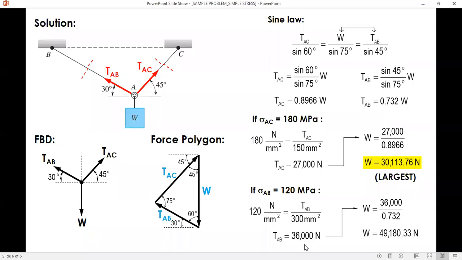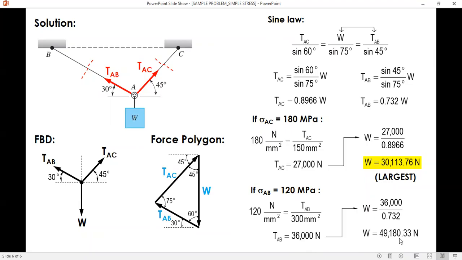It should be less than 30,000. So that value, if you divide by 300, the resulting stress of EB is less than 120. So it's very safe.